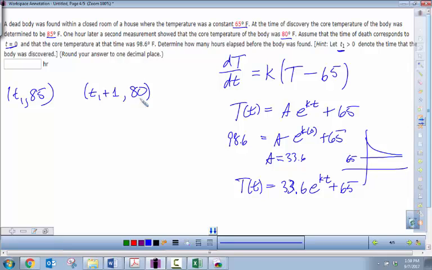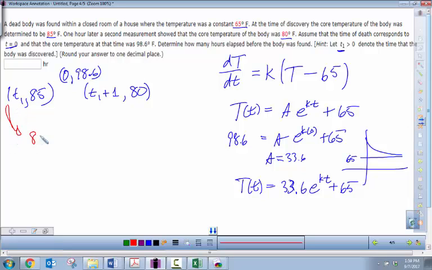So what we're going to try to do is use these two pieces of information. We can also use (0, 98.6), which usually would help us find t or k, but we won't be able to find k with the 0 time. So let's put this into our equation.